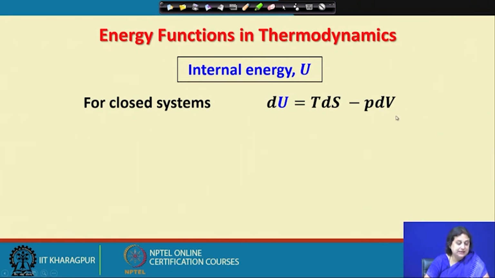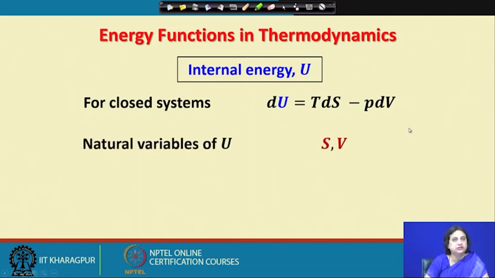So, what does it tell us? It tells us that U has two natural variables in a closed system.